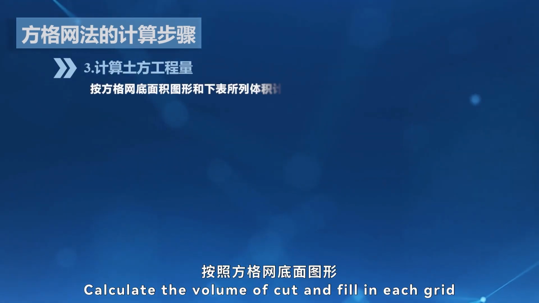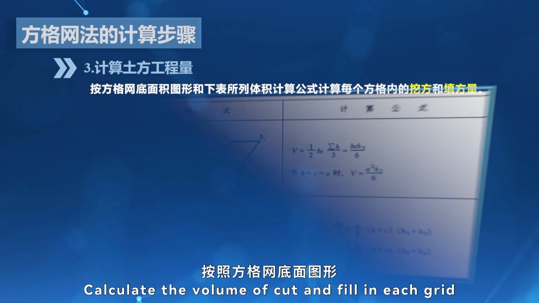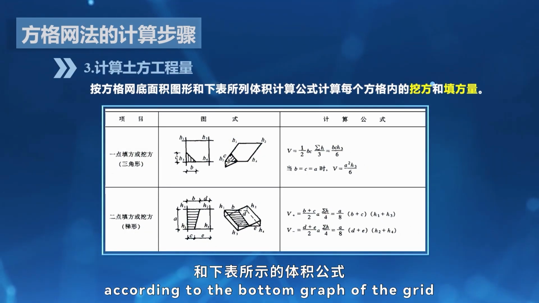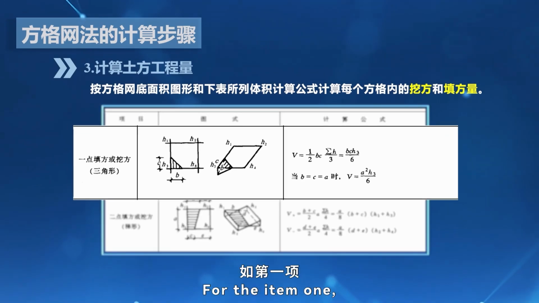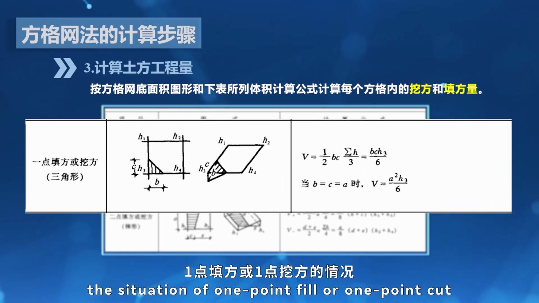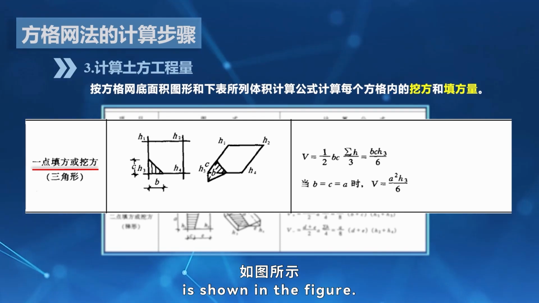The third is to calculate the engineering volume of the square grid. Calculate the volume of cut and fill in each grid according to the bottom graph of the grid and the volume formula shown in the table below. For item 1, the situation of one-point fill or one-point cut is shown in the figure.